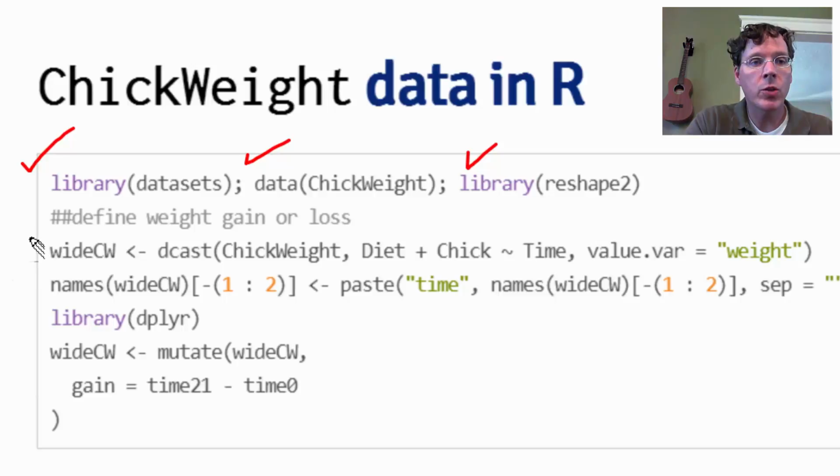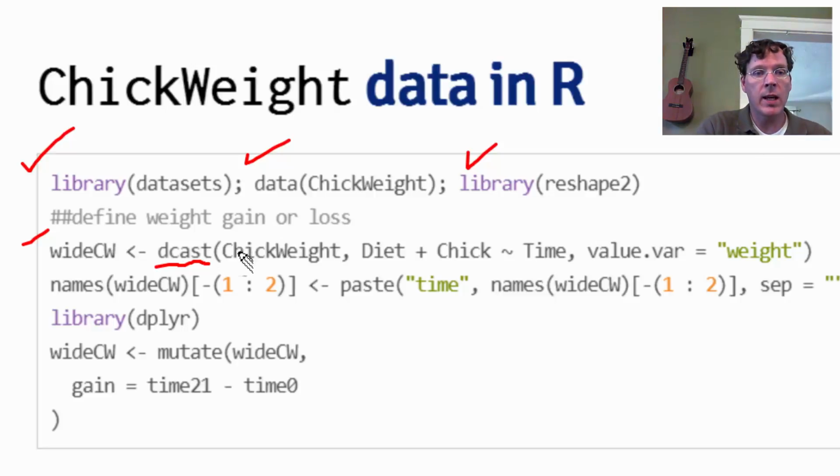The ChickWeight data comes in a long format, so it's the chicks lined up in a long vector. If you want to take that long vector and make it wide, so that there's one column for each time point that we measure the chick, then you want to do something like dcast, which is a function in the reshape package.